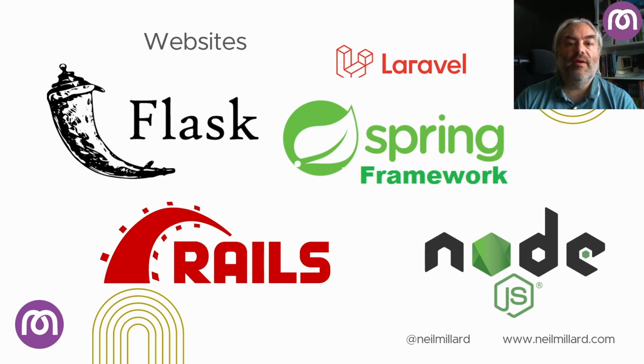Websites come in all shapes and sizes. I've displayed a few logos of the common frameworks here, be it Spring Framework or Laravel, and the thing these share in common is they're not static websites. They're often three-tier websites with a front-end layer, a business layer, and a database layer. These work well in a cloud environment because it enables us to scale each individual layer, or if you're going down a microservices route, you can scale individual microservices that make up each layer.